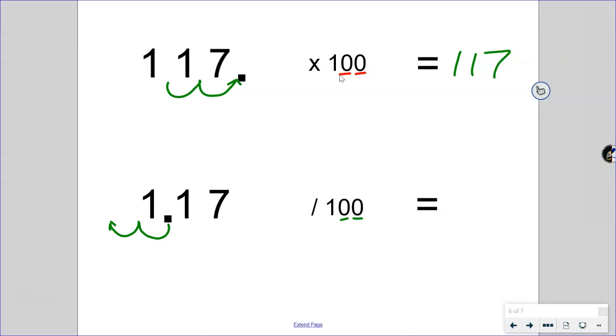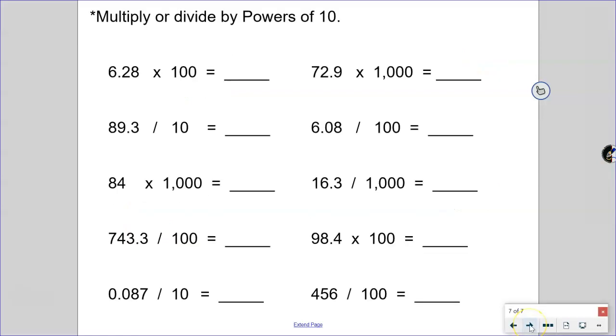So when I do that, here we go. There's 1 spot, and then there's 2 spots. And again, we end up with an empty spot, and we need to fill in that empty spot with a 0 right there. And in that situation, our quotient is going to be 0 and 117 10,000ths.